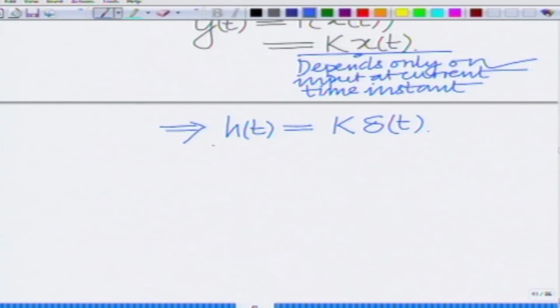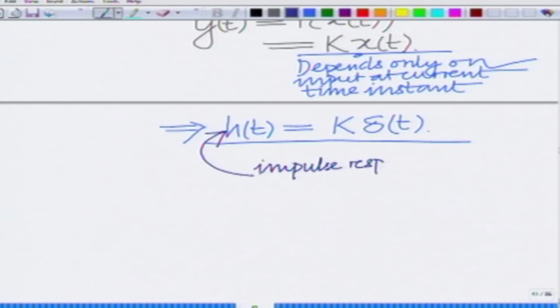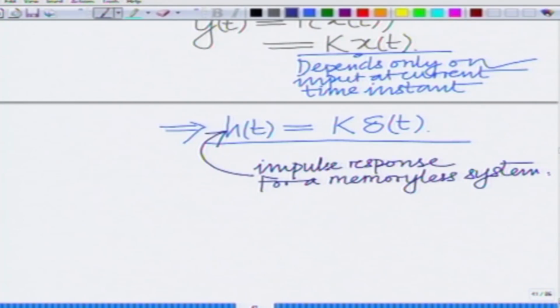Since the output is k times any input, the impulse response is simply a constant times delta of t. This is the impulse response for a memoryless system.